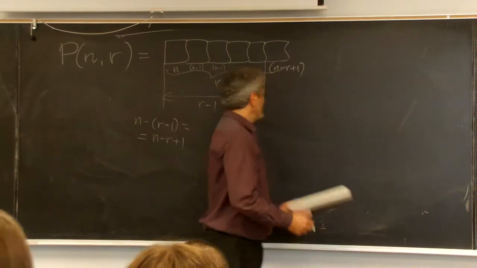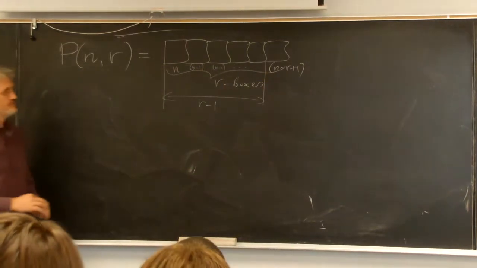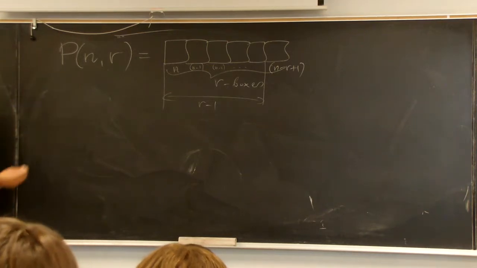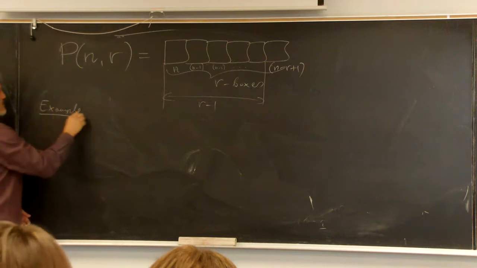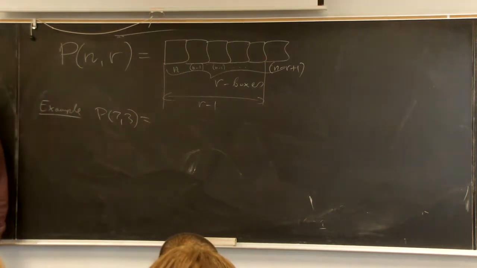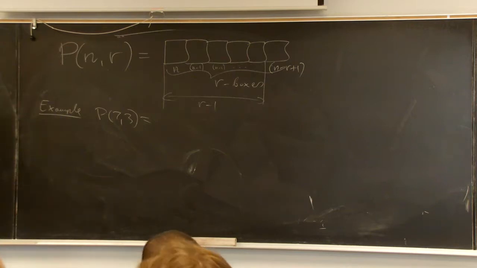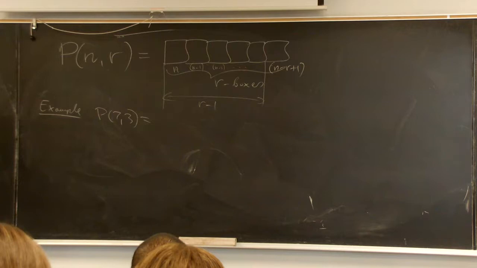So this is the formula for P(n, r). Example. How much is P(7, 3)? So what is that? I have 7 letters and I'm making strings of 3 letters. Order counts and no repetitions allowed.